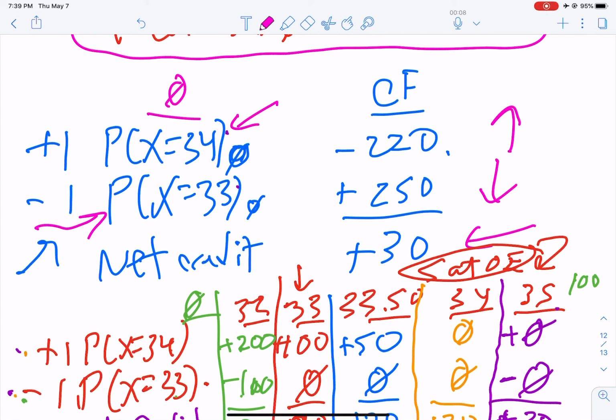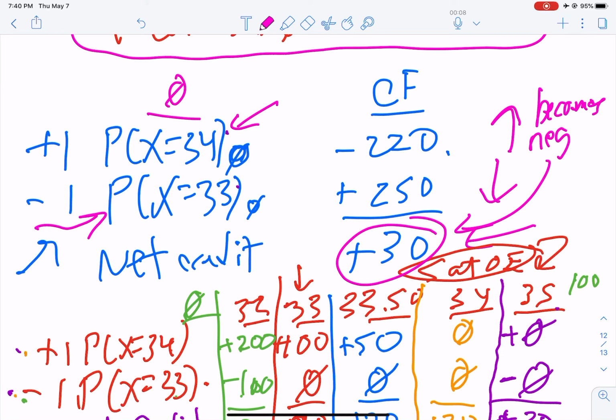And as the minus 220 starts to become minus 230 and minus 240 and minus 250, and the plus 250 starts to become plus 240 and plus 230 and plus 220 and plus 210, eventually this number right here becomes negative.